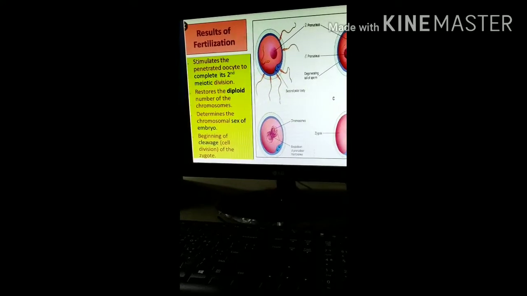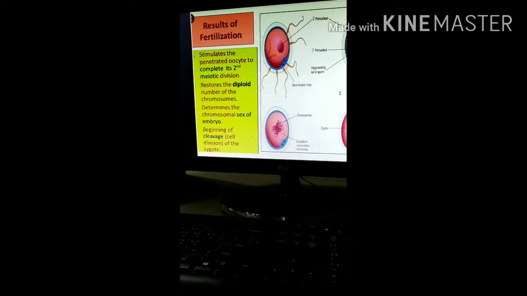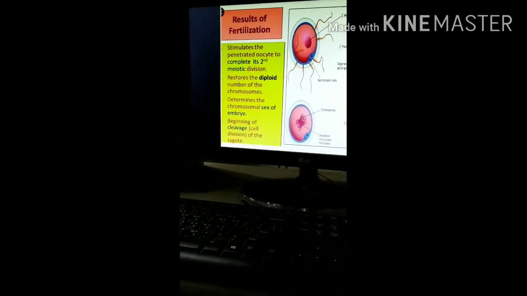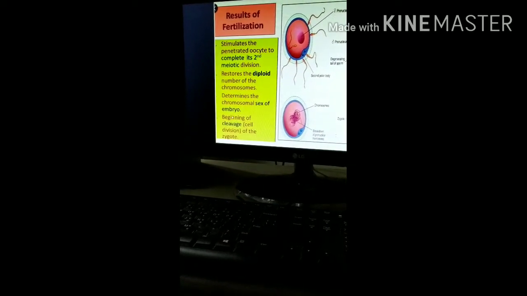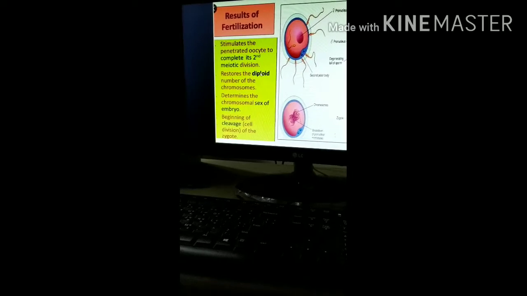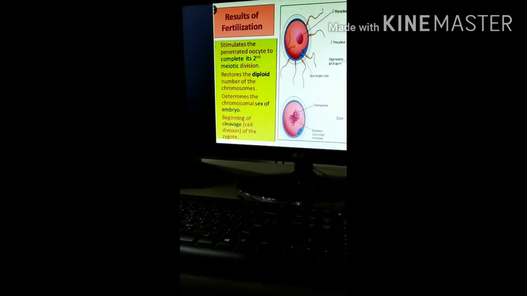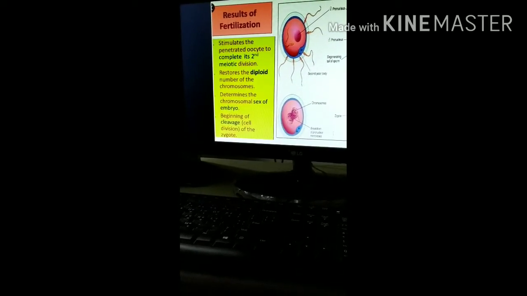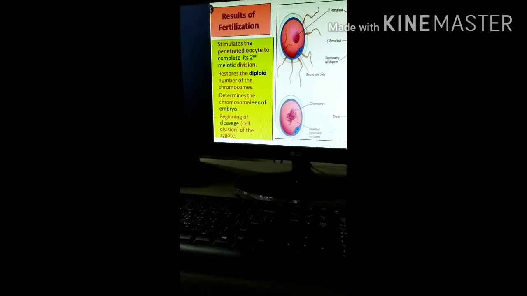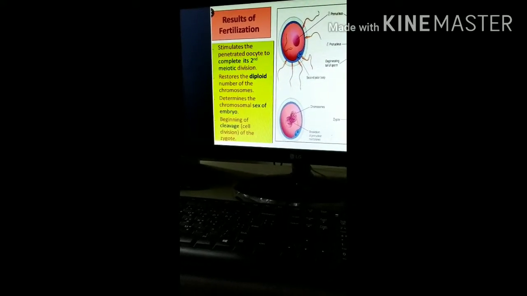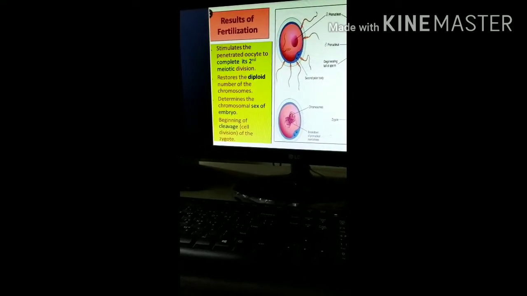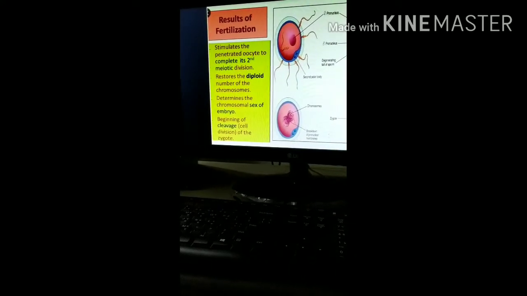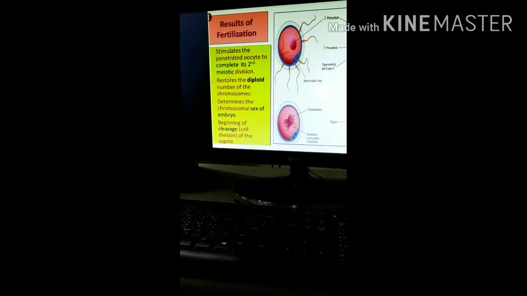After fertilization, the result of fertilization is very important. What are the results? These are restoration, determination and beginning. Restoration of the diploid number. Pronucleus of the male and female. Male contains either X plus 22 or Y plus 22, and female is X plus 22.